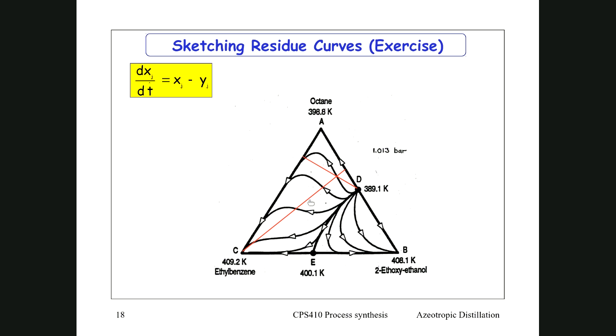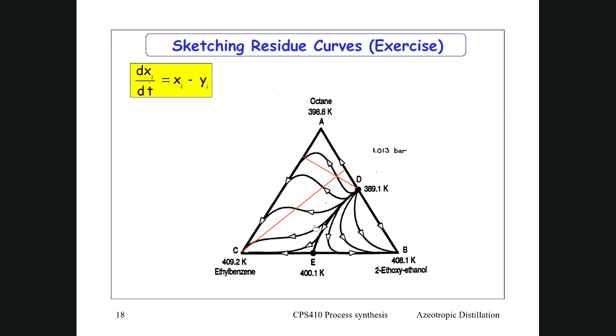Okay, so even though these residue curves on this side look fairly strange, this is again the only way of linking these arrows that you first make on the boundaries. There's another boundary arrow, there's another boundary arrow.